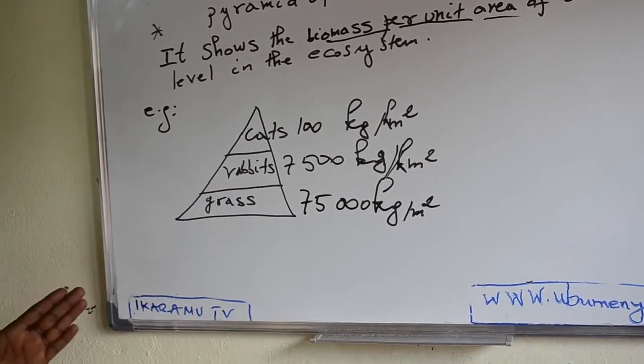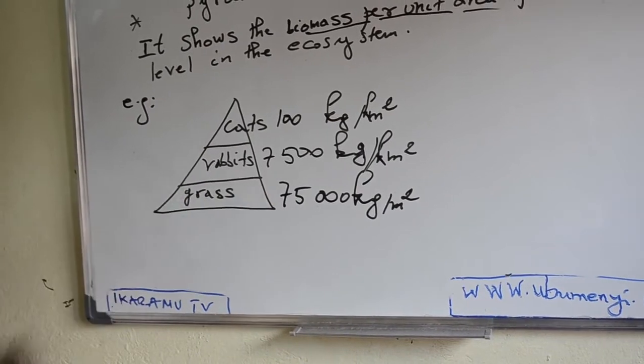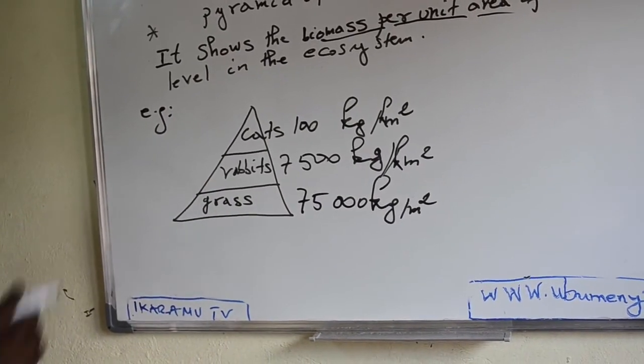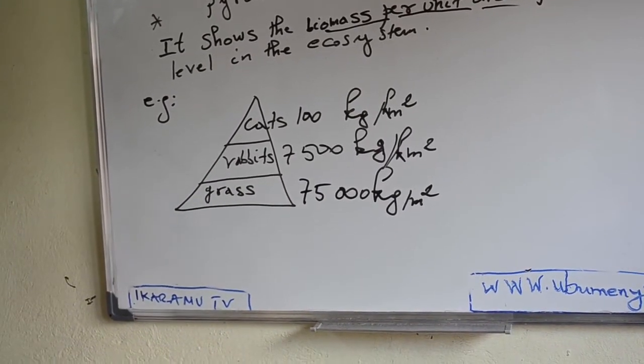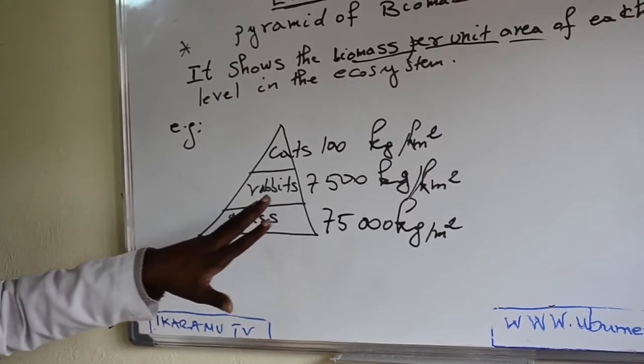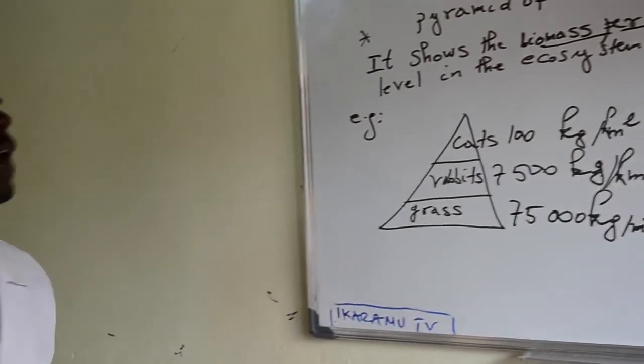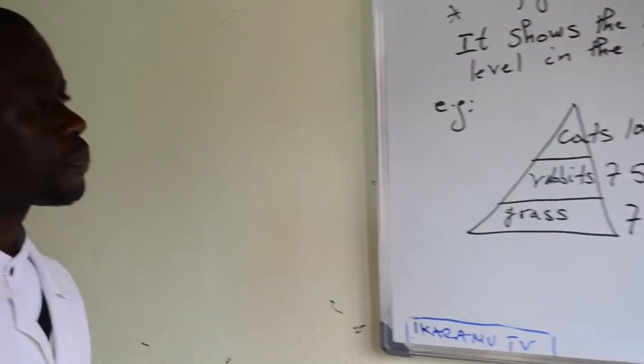So this shows that as you move up, the biomass decreases. This is an upright pyramid of biomass. We can also have an inverted one, when the producers are very small and they have a smaller biomass.